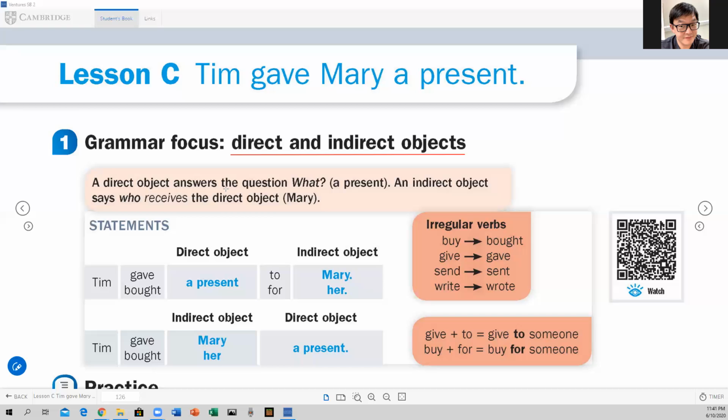Okay. So we have two types of objects. We have direct object, and we have indirect object. We have two types. Now, let's think about the direct object.